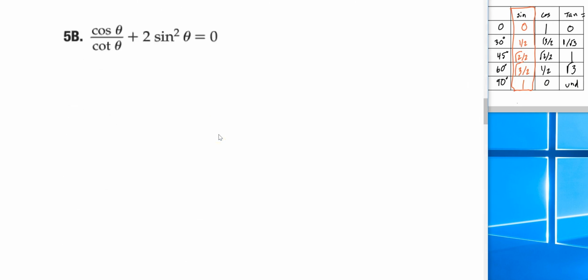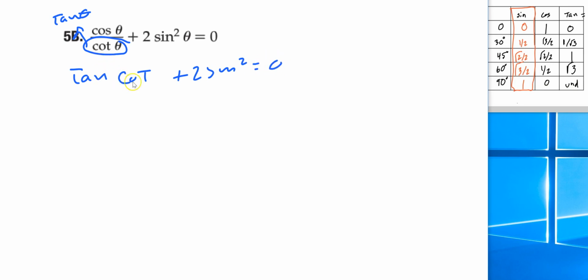So a couple more just to practice some of our stuff. This one, if you remember, my favorite trick is to move this thing to the top. So if it's a cotan on the bottom, it becomes a tan on top. So let's just rewrite it. I got tan plus 2 sine squared equals 0. Sorry about that.